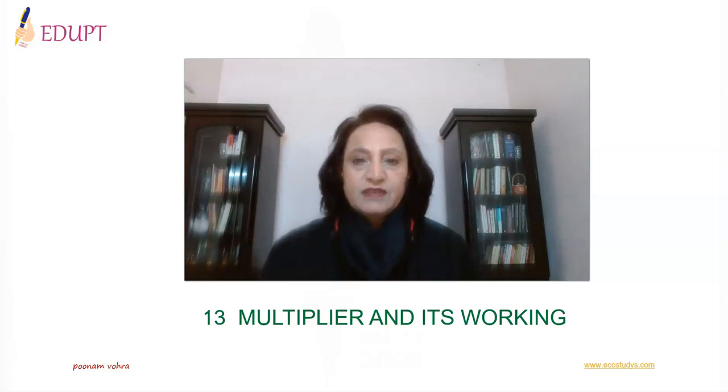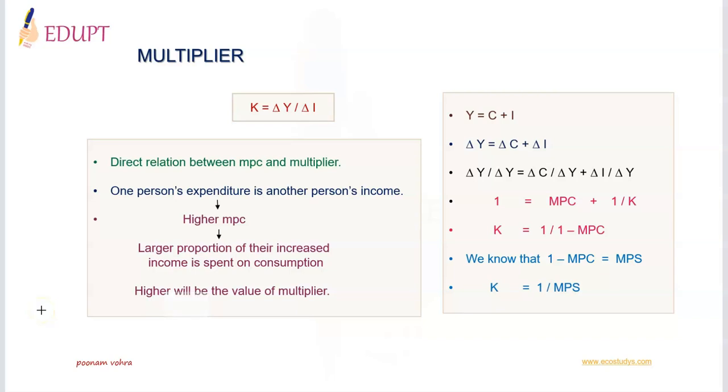So let us begin. Multiplier. It is defined as the increase in national income as a multiple of given increase in investment. That is K is equal to delta Y divided by delta I. For example, suppose an additional investment of rupees 4,000 crores in an economy generates an additional income of rupees 16,000 crores.